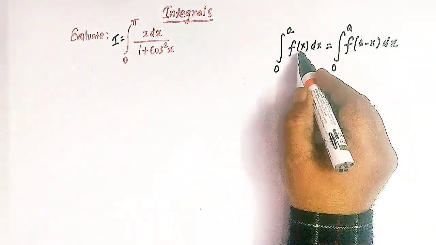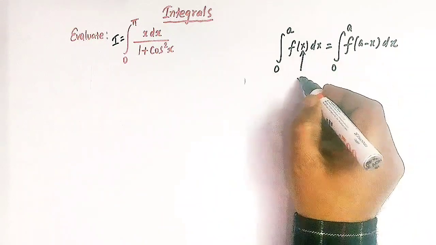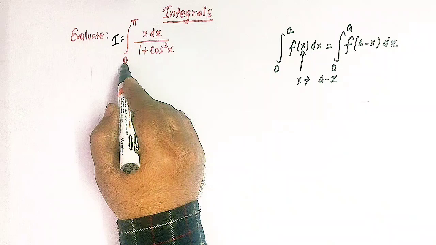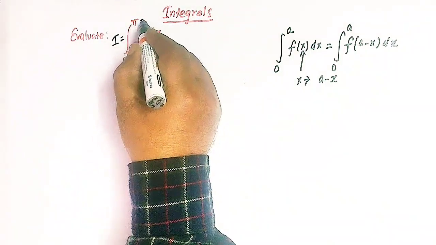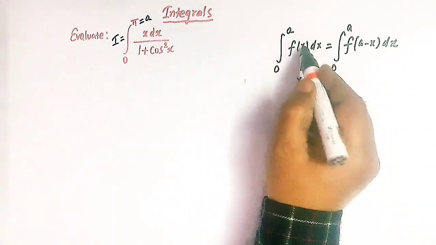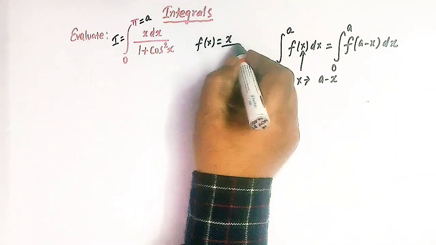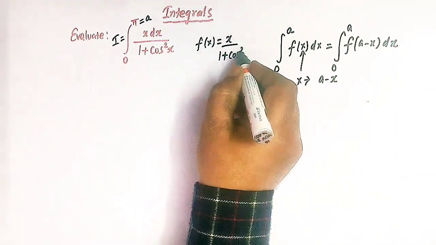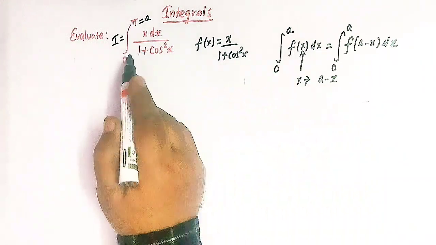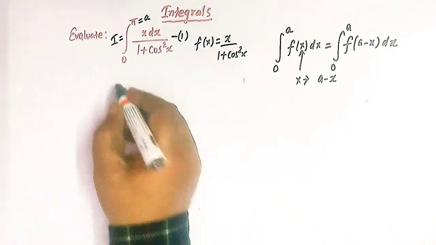So we replace x by a minus x. Here we have 0 to pi, so the value of a is pi, and the function f of x is x over 1 plus cos square x. Let us apply this property to this integral, and let us call this integral number 1.